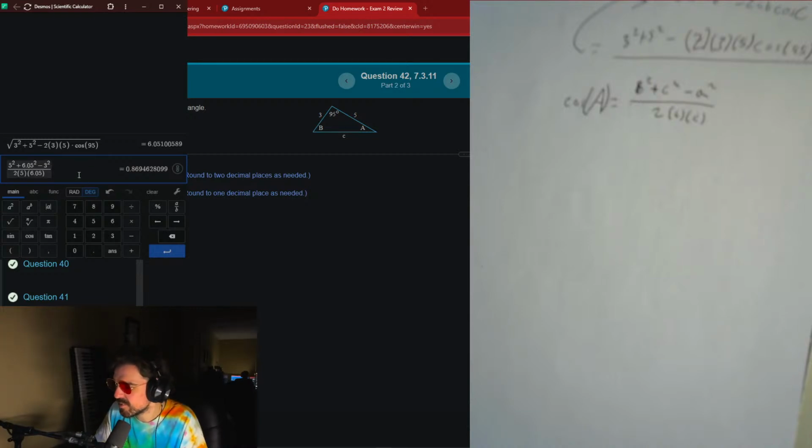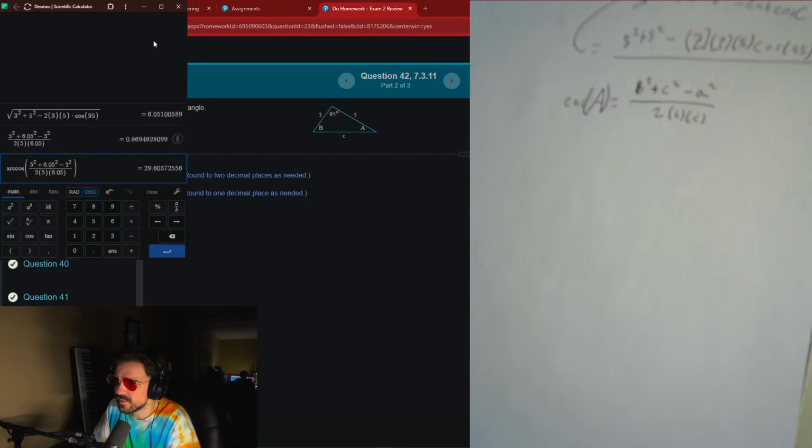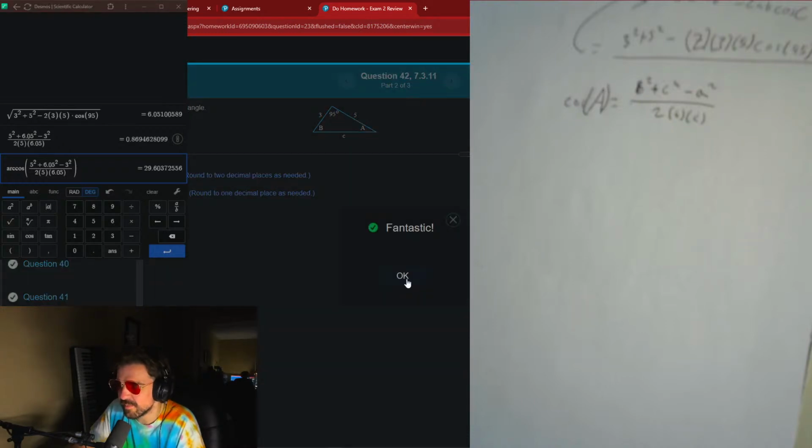Take this and put it into the inverse cosine, right? 29.6. What's the rounding? 20.6. Yeah. Beautiful.